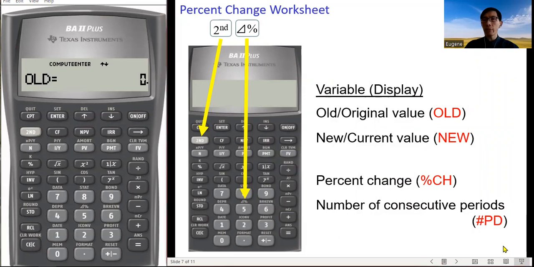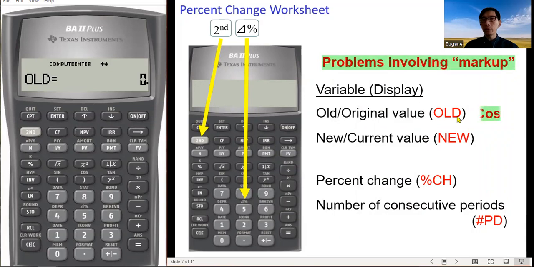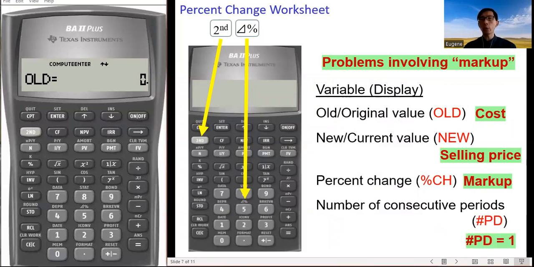For problems involving markup, the variable old corresponds to the cost, and the variable new corresponds to the selling price. The variable percent change is the markup percent, and for markup problem, PD always equals 1.